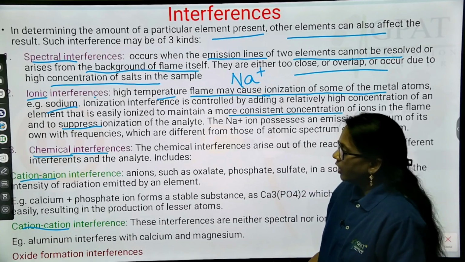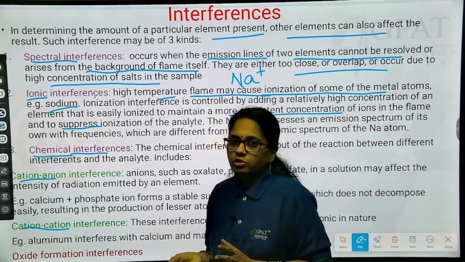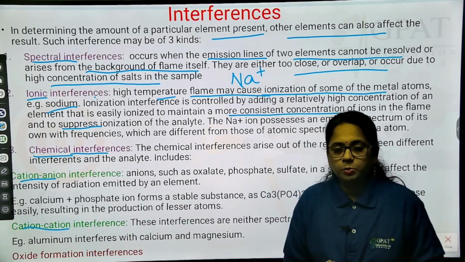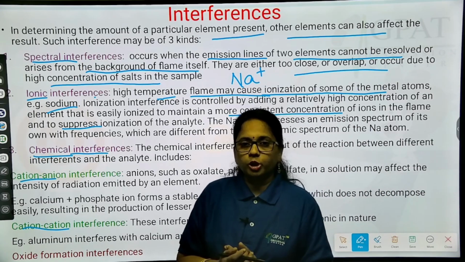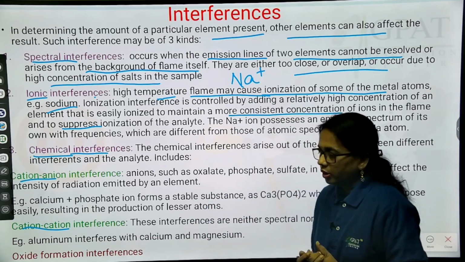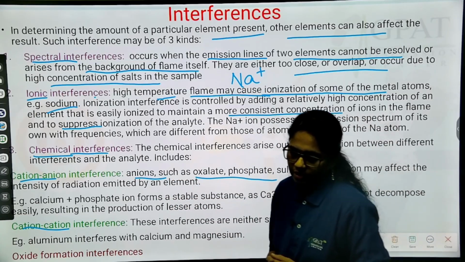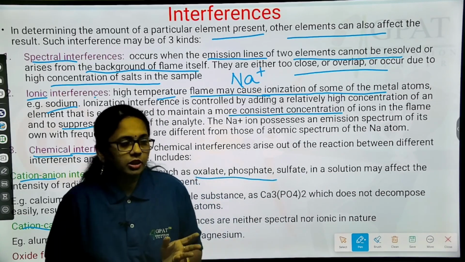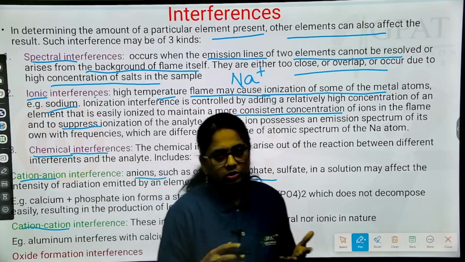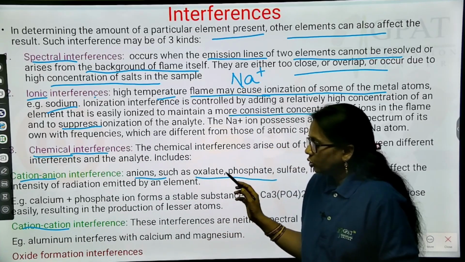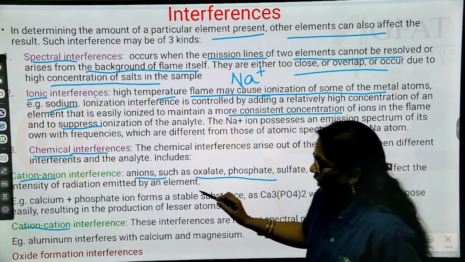Most of the elements which we estimate by atomic absorption are cations only. So whenever anions such as oxalates, phosphates and sulfates are present in the solution, they may interact with these cations. Those interferences are called cation anion interference.